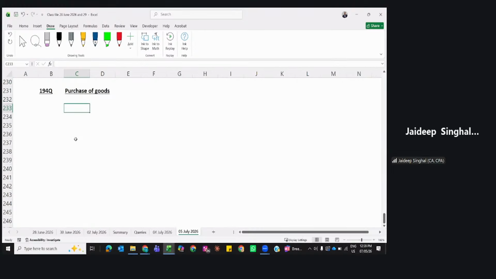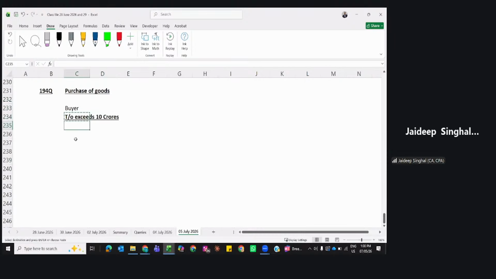Now, for purchase of goods, let's suppose you are a buyer, and you are a specified buyer, it means your turnover exceeds 10 crores. Very important.